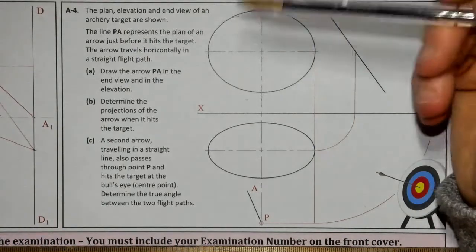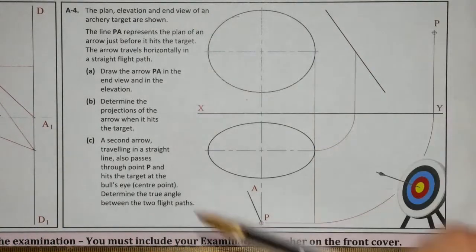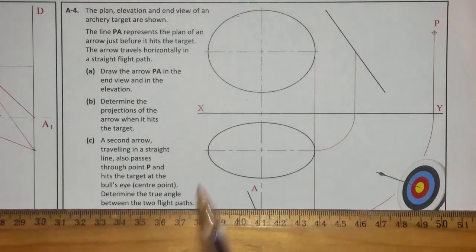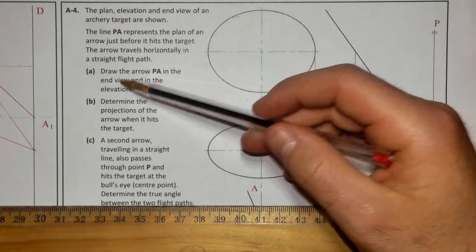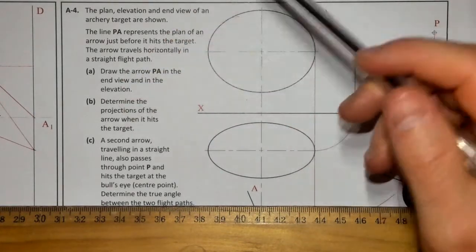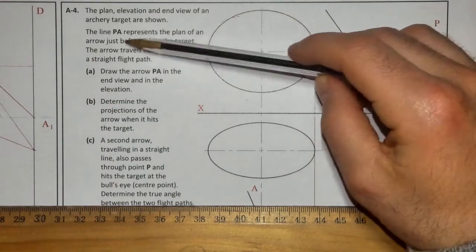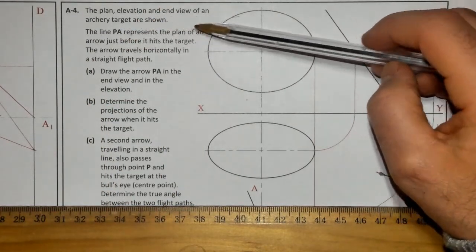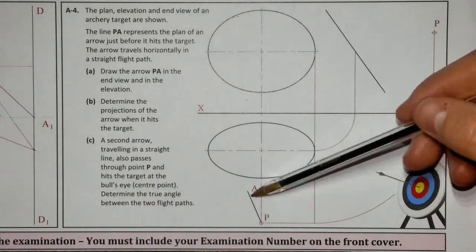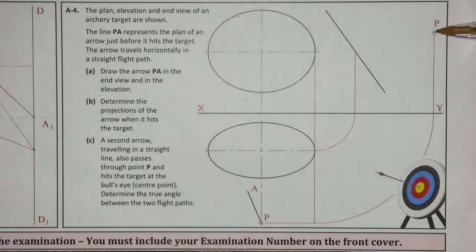Okay, so just thinking about that. Alright, part A, draw the arrow PA in the end view and in the elevation. Okay, so we'll tackle part A first before we get on to part B and part C. So the line PA represents the plan of an arrow, so we've got the plan of it, and we've got point P in our end elevation.